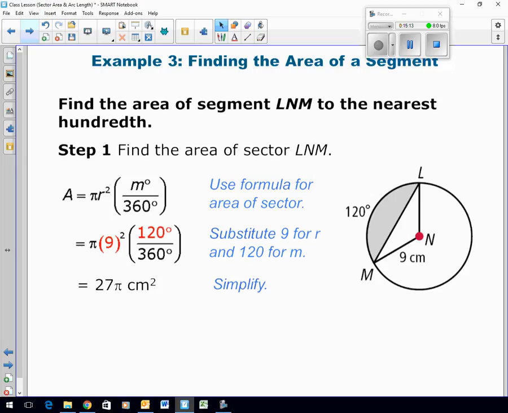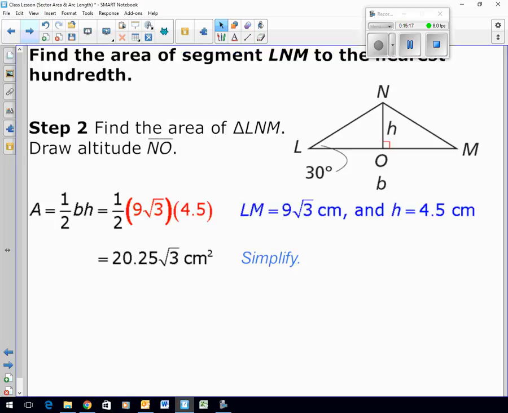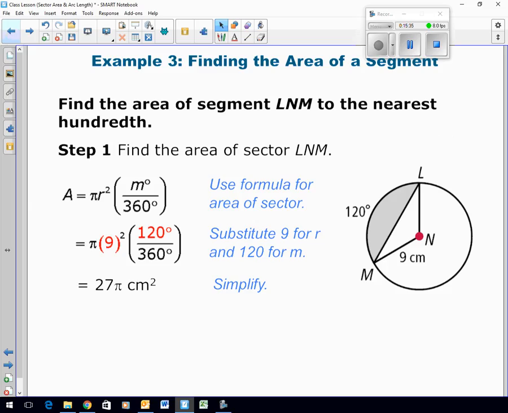Then the hard part comes: I have to find the area of the triangle, one half base times height. This is where it's going to be trickiest for you guys, to find the base. They use trigonometry to find it.